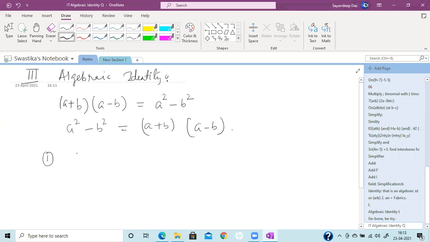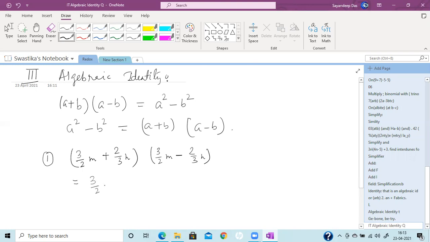Like if you are asked to multiply these binomials, (3/2 m + 2/3 n) and (3/2 m − 2/3 n). If this kind of multiplication of binomials is given, as soon as you see these binomials, we should be able to understand that this is the application of identity 3.